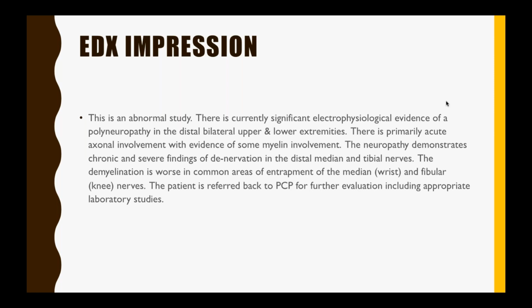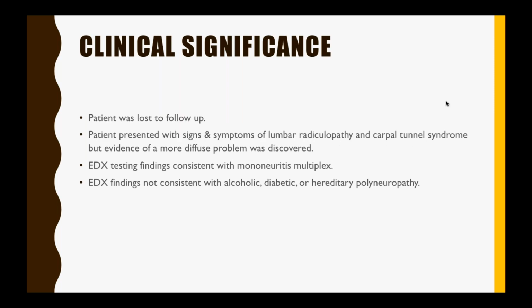And Lyme disease can often cause a polyneuropathy because it does affect the nerves. I didn't see any ticks when I was doing the test, but it is very common in the area to encounter people with a history of Lyme disease and findings of neuropathy.